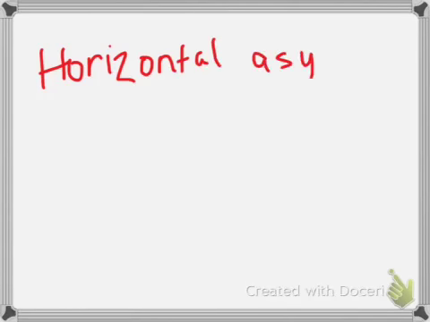Also, a horizontal asymptote. We need to know what that is. Okay, a horizontal asymptote. Sorry. So what that is, is the height that a function tries to reach but can't, as the x values get infinitely large or small.